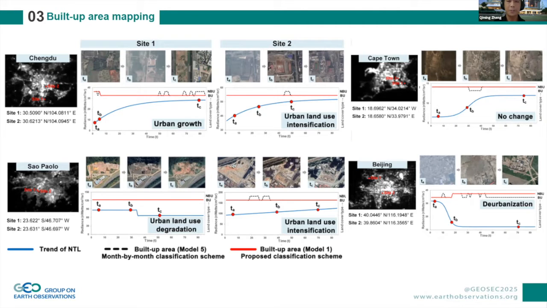However, if we look at the Google Earth image, we can find that this place stayed as a built-up area throughout the study period, but it was initially a factory, and then the factory was cleared out and turned into a school with some residential and commercial area around it. So this is an example of urban land use intensification. That's how we identify different types of urban land changes.